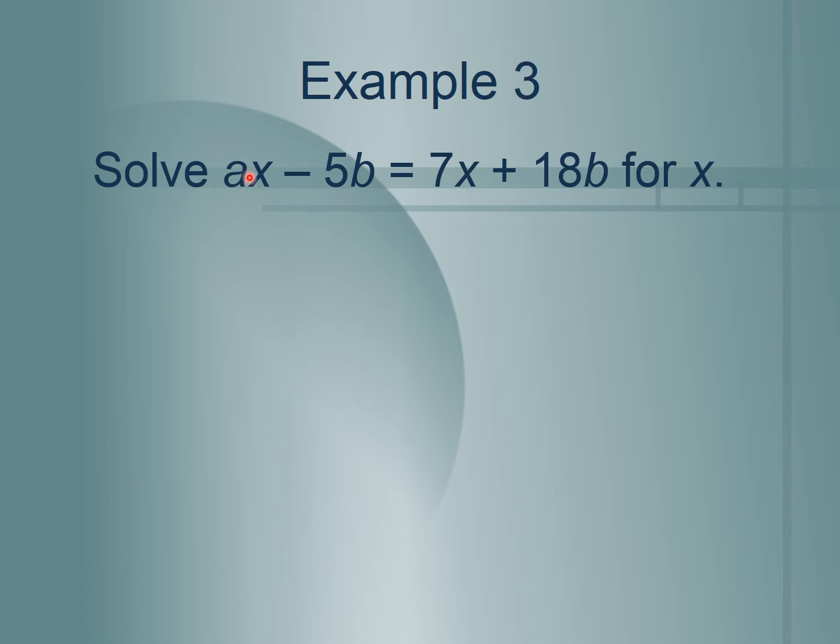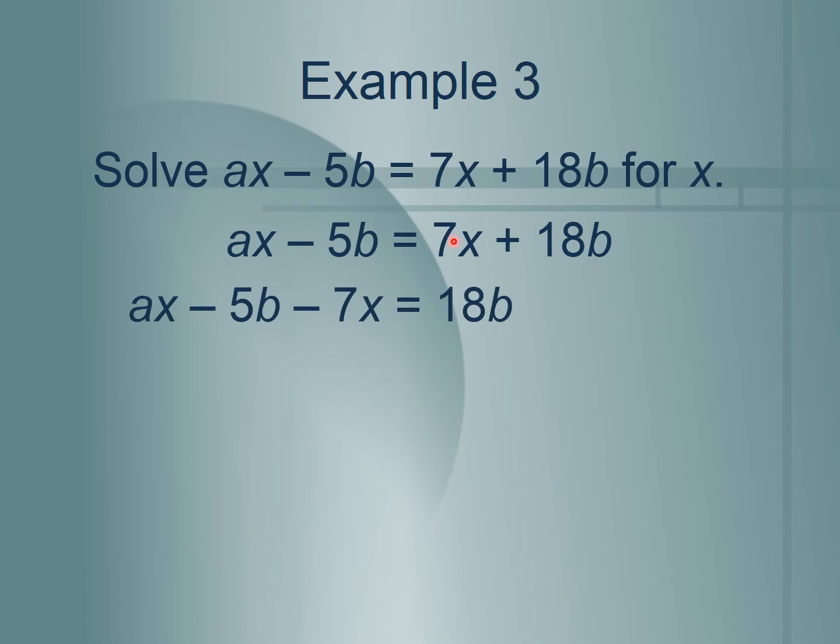So I notice that x is on two different sides of our equation. So my very first thing I want to do is move this term here, or I can move either term I want, but I want my x terms to be on the same side of the equation.